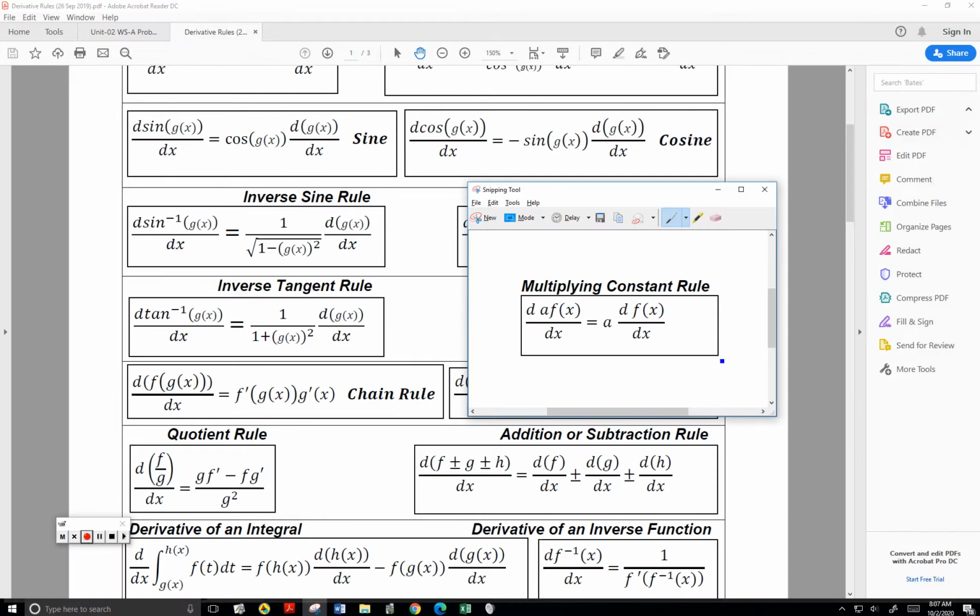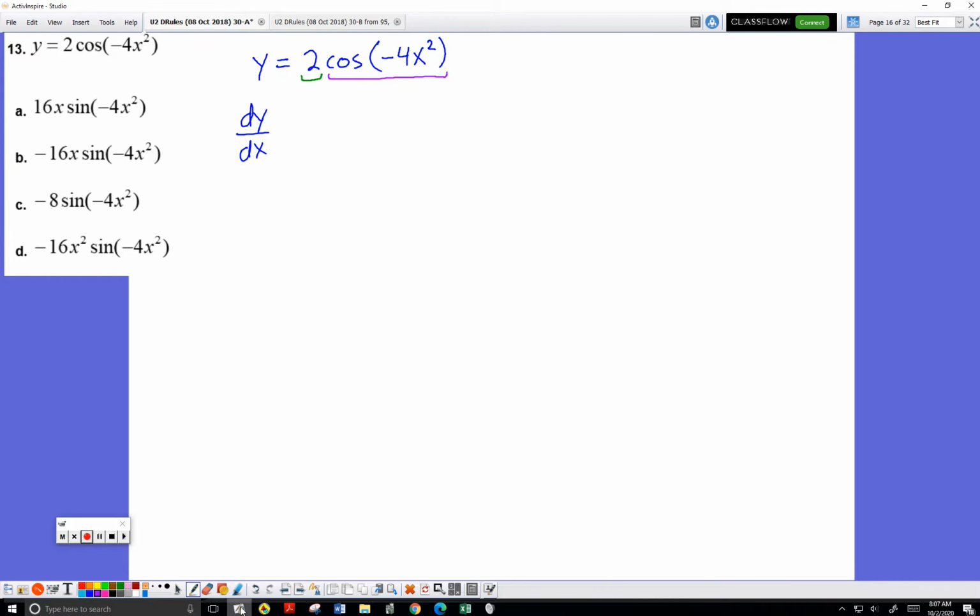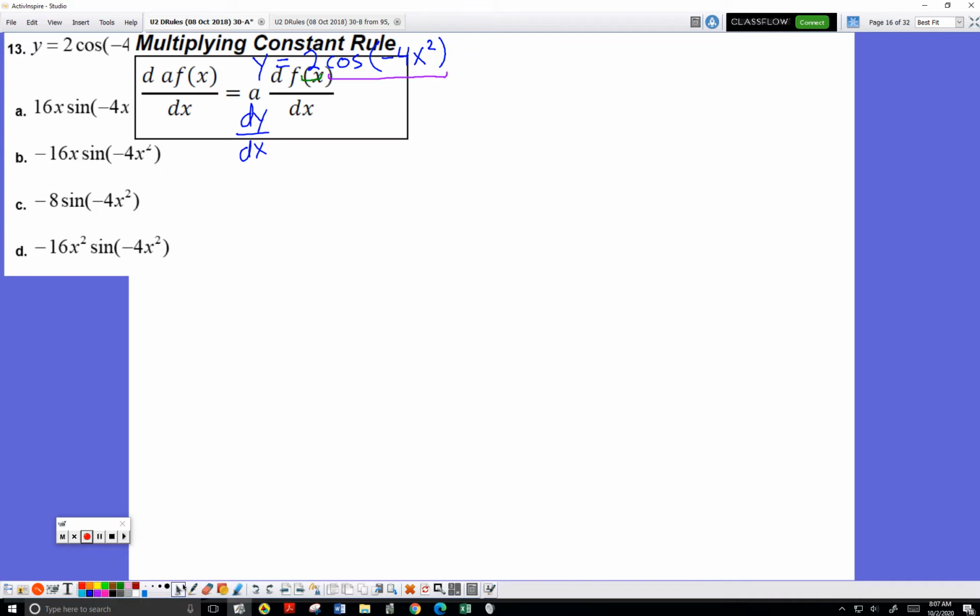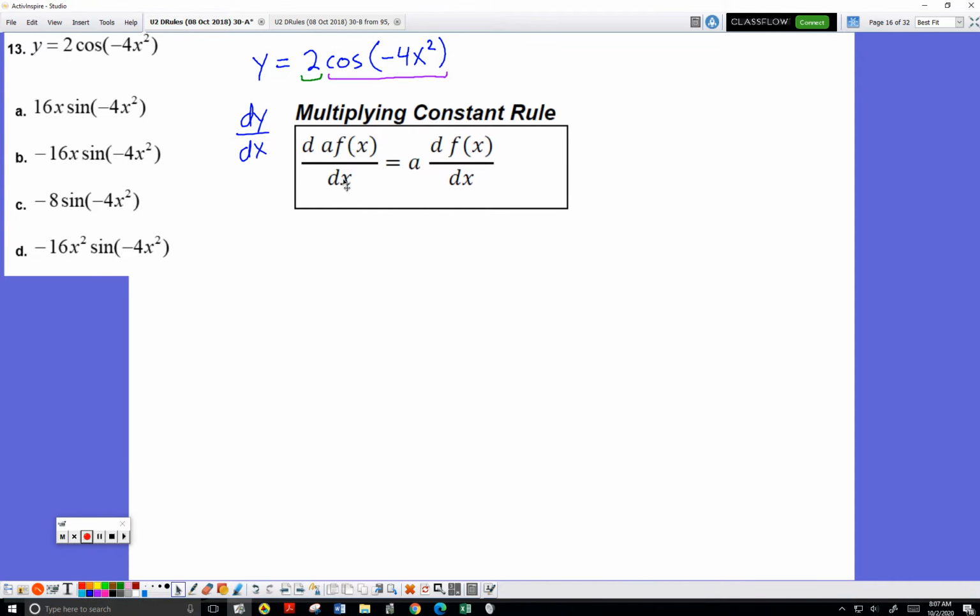So as I look at the rule, the A is 2, the F is that cosine expression. You need me to talk more about that?